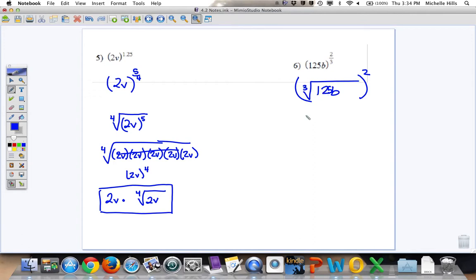The cube root of 125 is 5, and then I'm left with this cube root of b that I can't simplify, and this whole thing is squared. So I have 25 times the cube root of b squared.